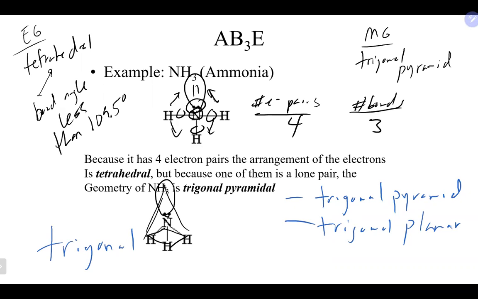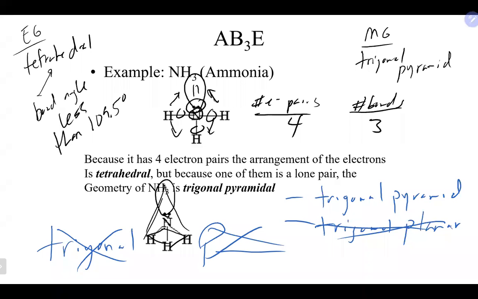So don't let me choose. Do not write trigonal. Clearly write pyramid or planar, depending on which one it was. Yes, so you need to make a clear choice, and they are different. One is a bond angle of 120, one's a bond angle about like 107 basically, so they are different in terms of their shapes.